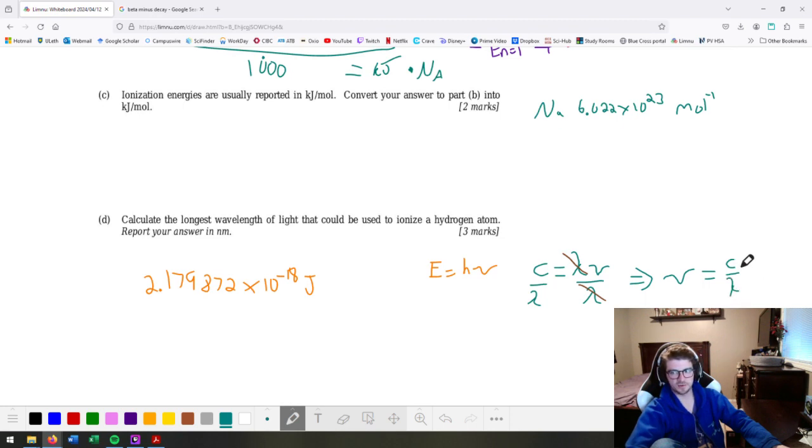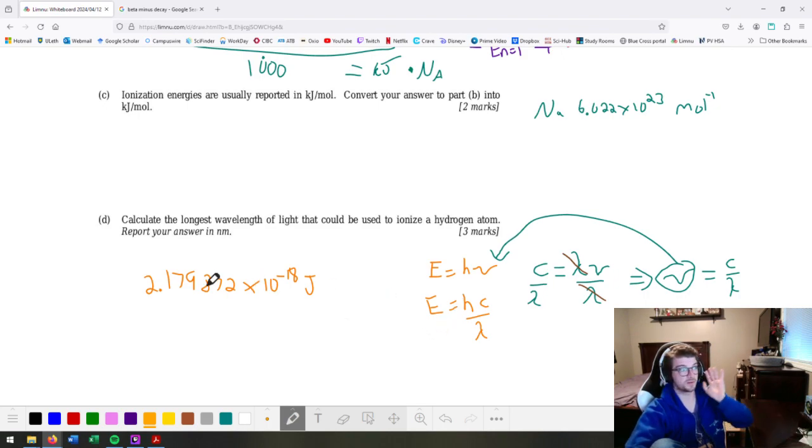So speed of light over the wavelength gives you the frequency of a photon. We're just going to replace that term, so it becomes E equals hc over lambda.